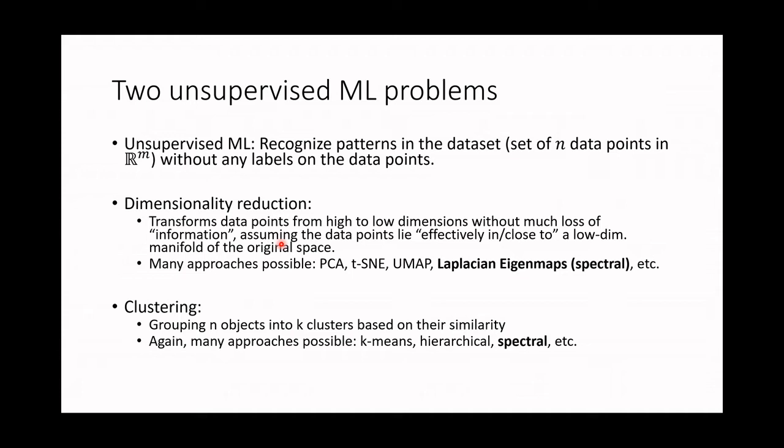Of course this has to be based on some assumptions. You cannot just take any arbitrary data set and reduce dimensionality without losing information. We assume that the data points lie effectively in some low dimensional representation of the original space. And why is that possible for single cell data? Many of these 20,000 genes are not independent of each other.